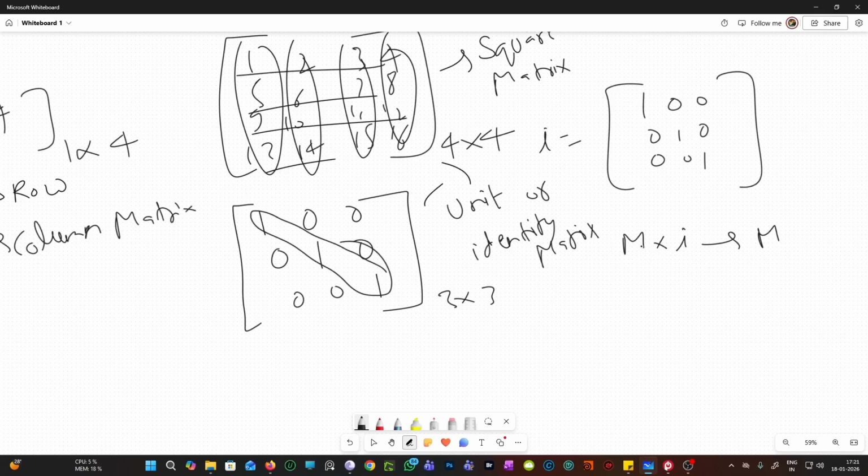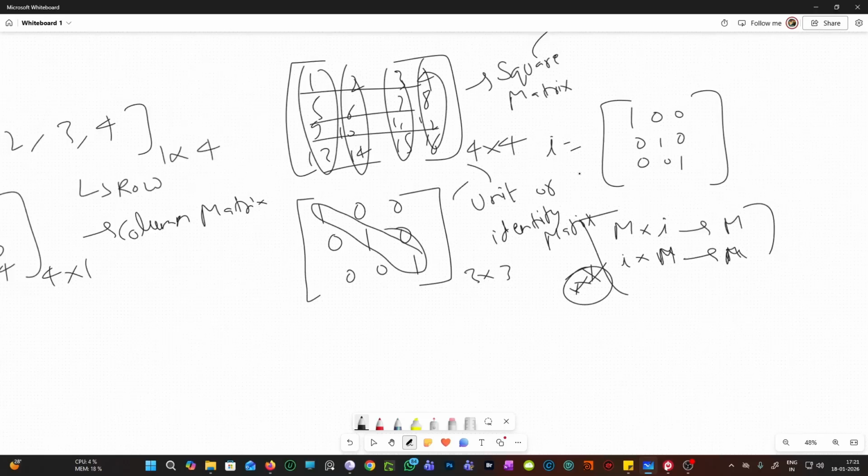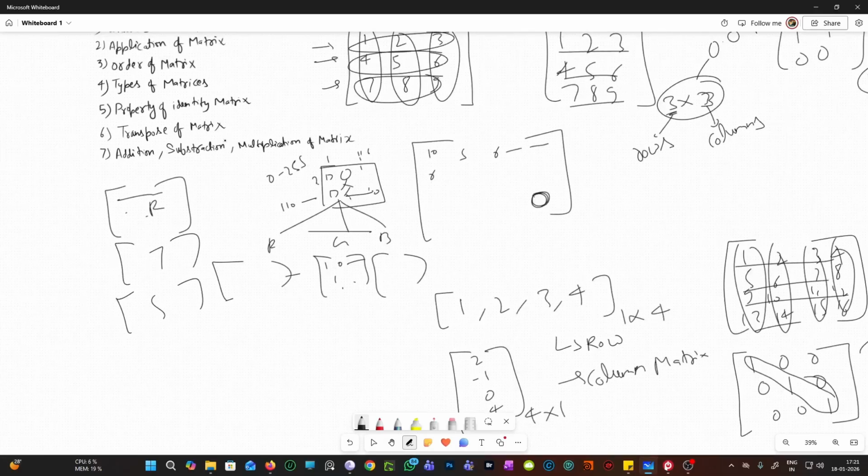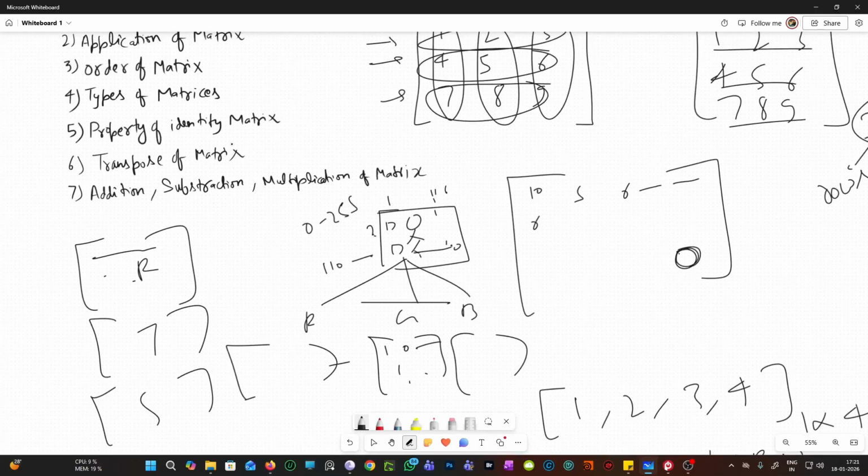Even if you do it the other way around, when an identity matrix is multiplied by a matrix, we get the same matrix in return. Okay. So this is a very important rule, and just remember it. And once we dive inside Houdini, we will see this in action. Okay, so this is the property of the identity matrix that I needed to tell you.